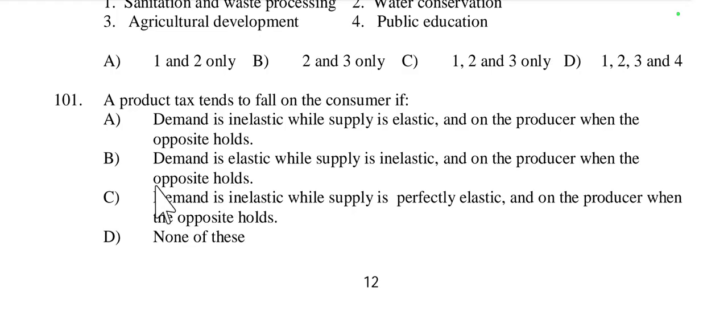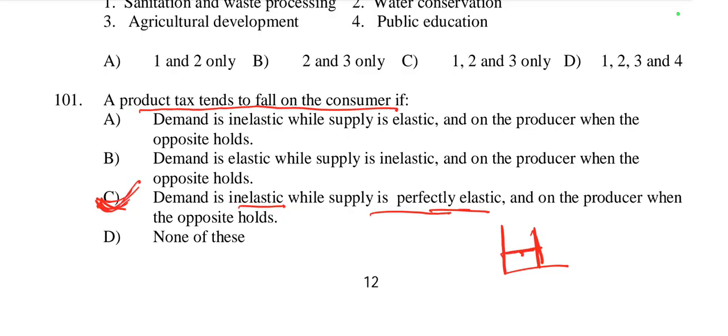So when demand is inelastic and supply is perfectly elastic, and on the producer when the opposite holds, so it is called as the product tax tends to fall on the consumer. When the demand is inelastic and supply is perfectly elastic, here demand is inelastic and supply is perfectly elastic.